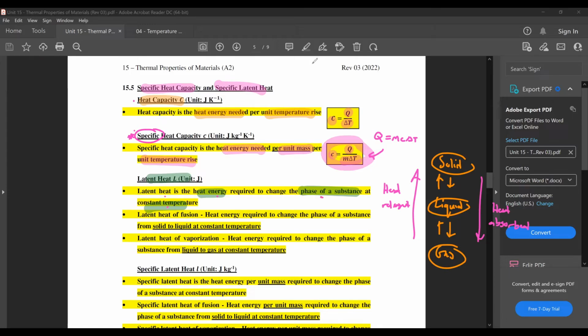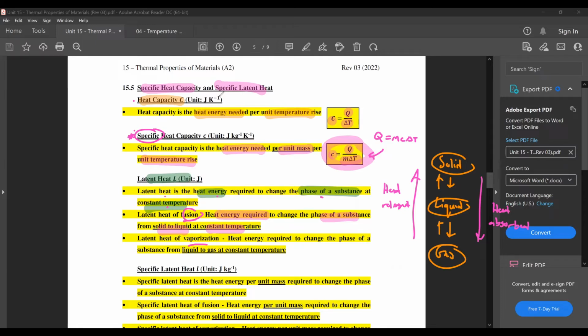All right, now you could have more specific terms for latent heat also, namely latent heat of fusion or latent heat of vaporization. If we say latent heat of fusion, it is the heat energy required to change the phase of a substance from solid to liquid at constant temperature. Okay, the word fusion here already means phase change from solid to liquid.